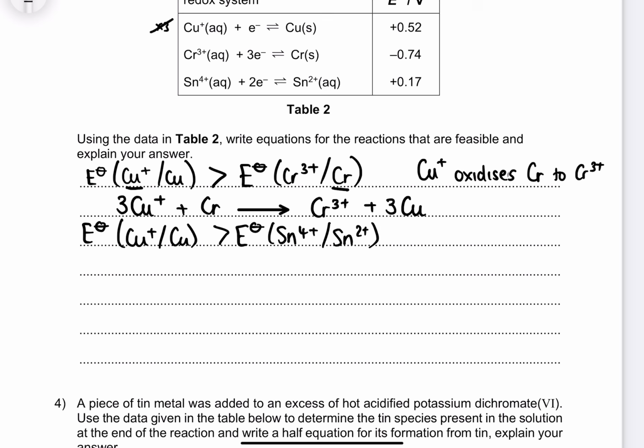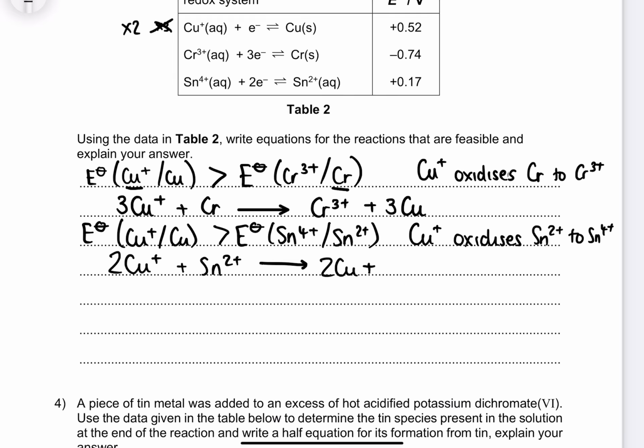And to combine those two, we now need to times by 2. Cu+ is able to oxidize Sn2+ to Sn4+. So we're going 2 Cu+ plus Sn2+, so doubling the copper equation this time, goes to 2 Cu and Sn4+.